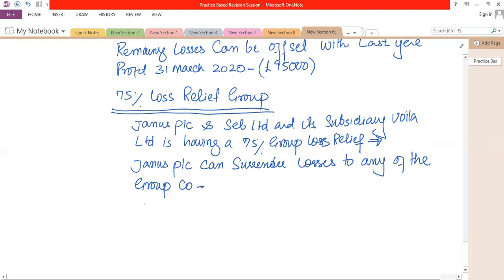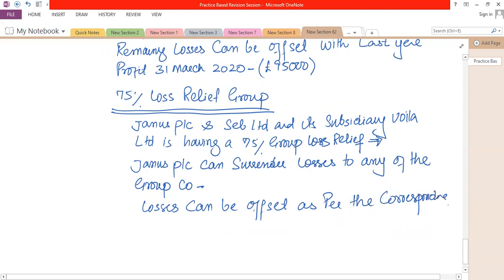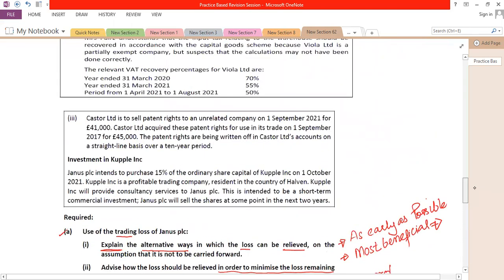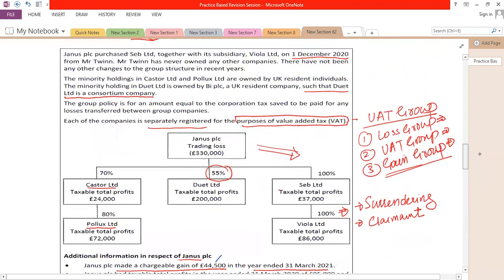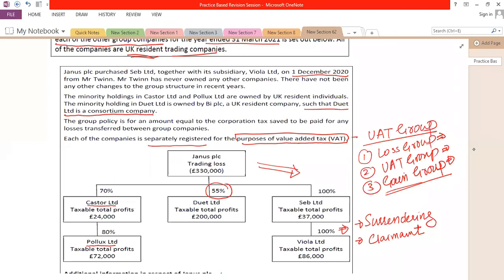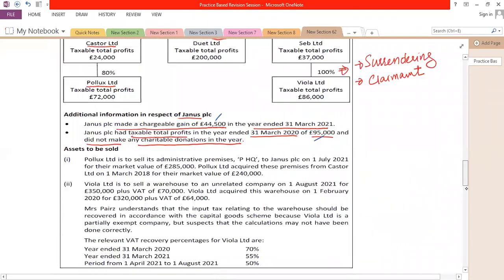Now, losses can be offset as per the corresponding period. Now, in the question, it has been mentioned that the subsidiary has been acquired on 1st December, right? The subsidiary has been acquired on 1st December 2020. It means December, January, February, March, only 4 months.